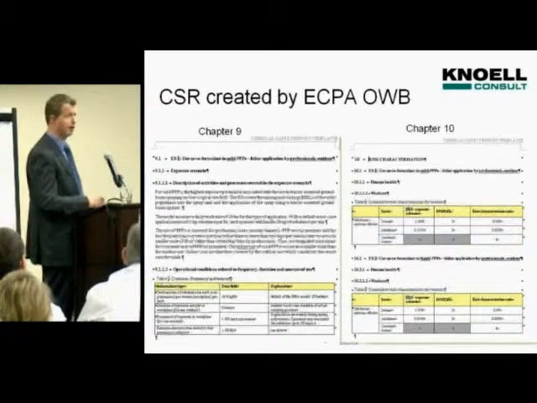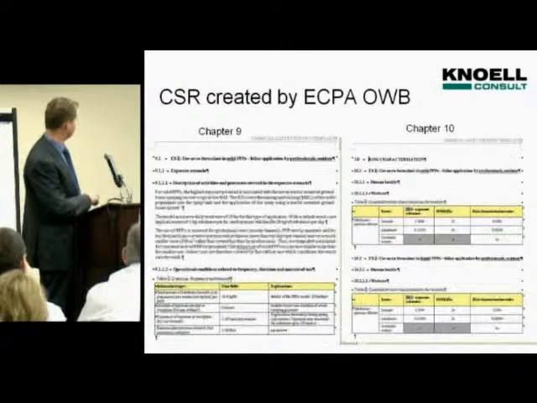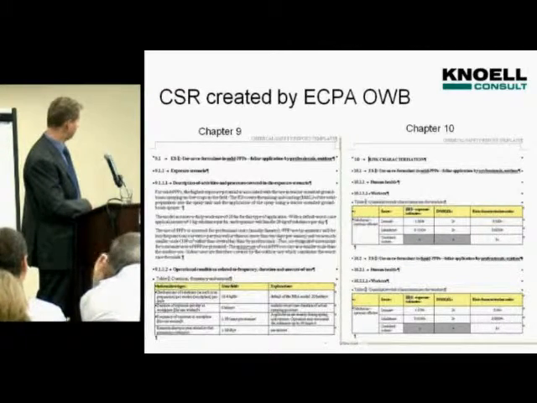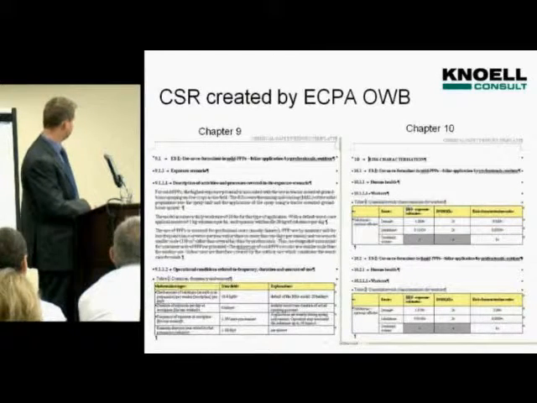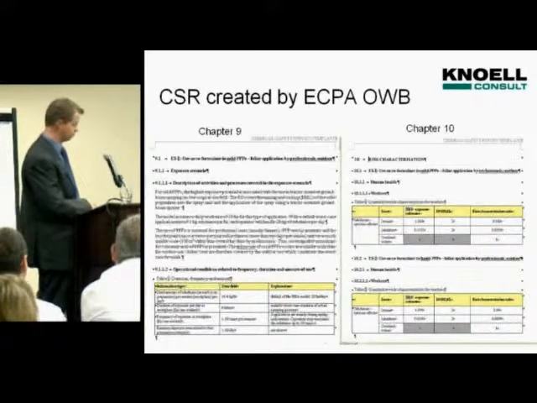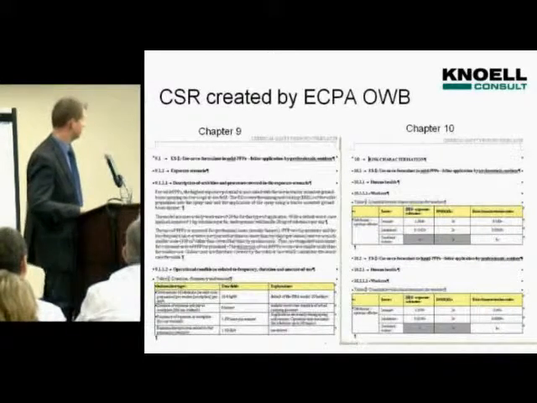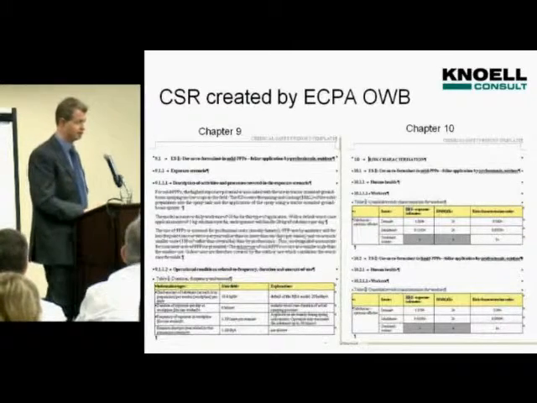So there's a high degree of flexibility there. What the tool offers is a chapter 9, so all the exposure estimations with some narrative description of what the scenario looks like, operational conditions, and so forth. And finally, the exposure estimation. And chapter 9 just contains the risk characterization for all the various scenarios.